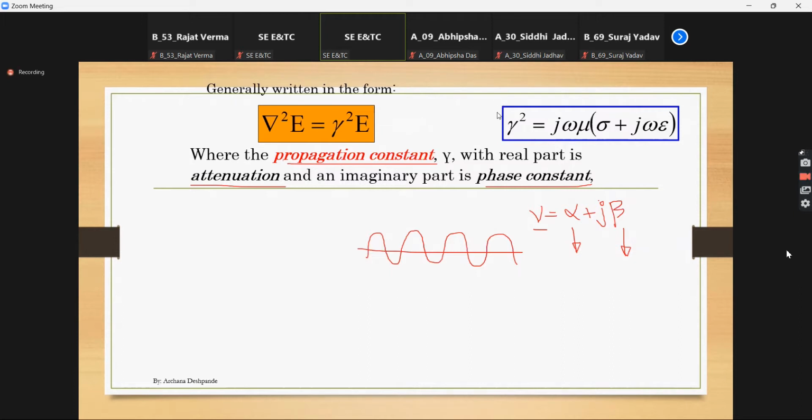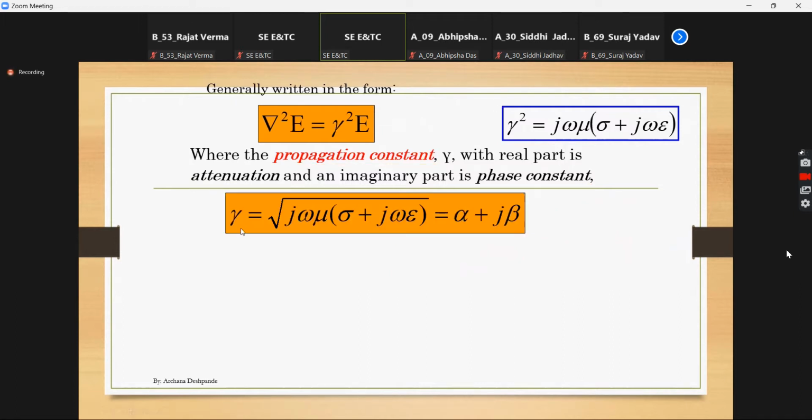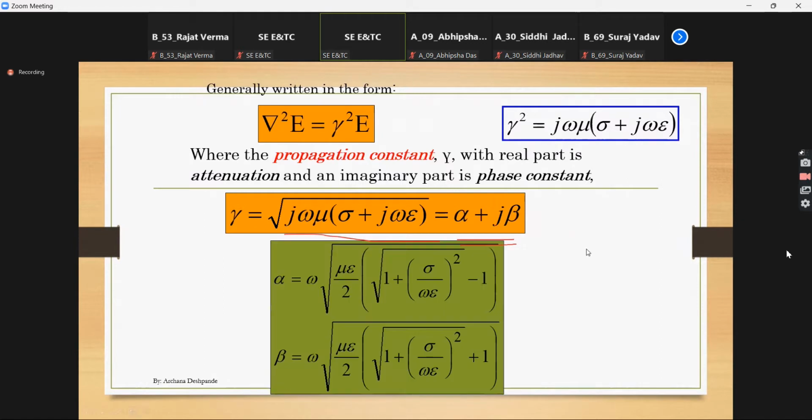Okay, so now we have obtained gamma, which is alpha plus j beta. If you solve this particular expression and get it in this form, then you are going to get alpha and beta in this form. This is alpha and beta.